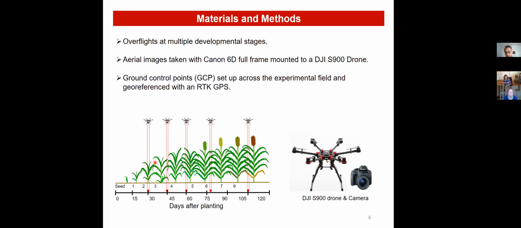And we took aerial images of the field using a Canon camera that was mounted to a DJI S900 drone. And to be able to rectify the pictures later on, we laid out 9 to 12 ground control points, depending on the size of the field, that we georeferenced using an RTK GPS.